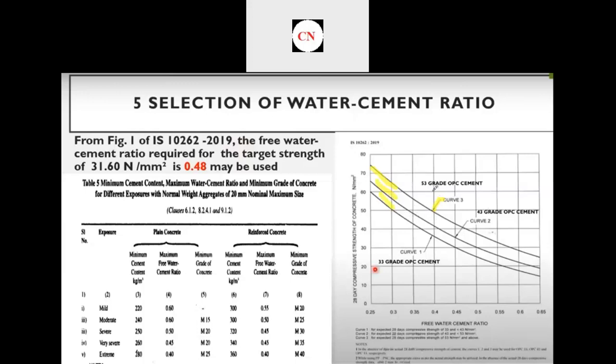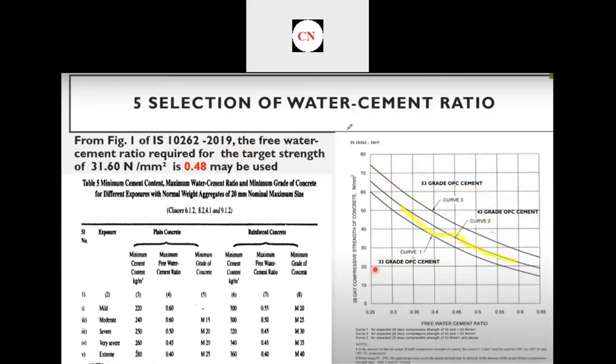The upper curve shows 53 grade of OPC, the middle one holds good for 43 grade of OPC, and the bottom one, the lowest, holds good for 33 grade of OPC. In our case, as you have seen in the beginning in the data, we are using OPC 43 grade, so this particular curve, the middle one, has to be referred.